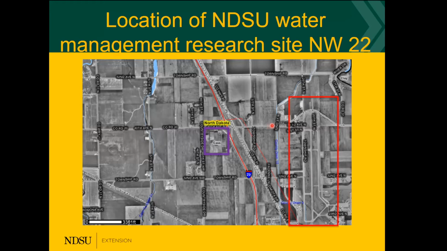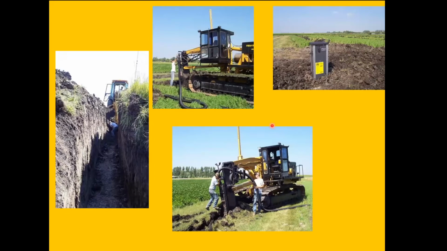The location is just close to the highway. I've been doing this research since about 2008. So I'm going to summarize a few things. What we have done is we have developed a site with tile and also with control boxes so that we can mimic tile and non-tile conditions.